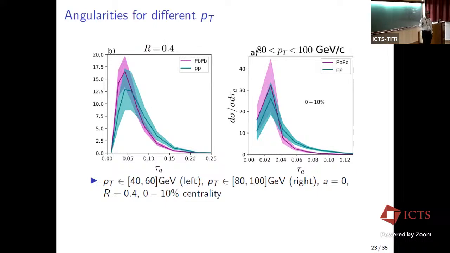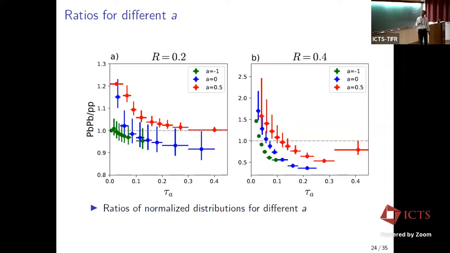Okay, and once again, this is for the same a equals 0, which corresponds to the thrust. Now it looks like the distributions are very similar for PP and lead-lead, but you can see the effects a little bit more clearly if you take the ratios.